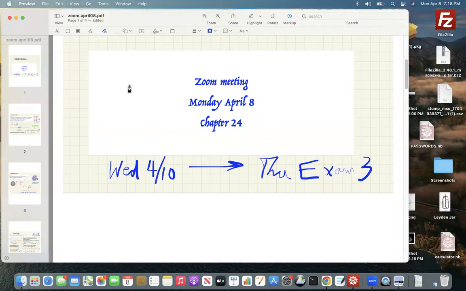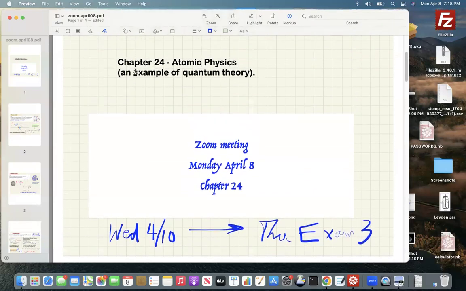So remember to make up your help sheet for that exam 3. It'll be just like the other 2 exams. It'll be online at 7 p.m., 70-minute time limit. And you can use a help sheet.